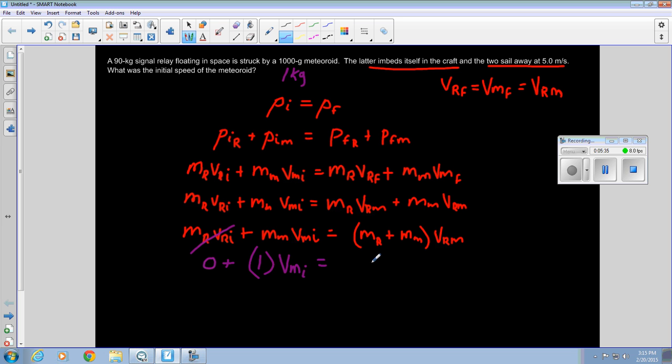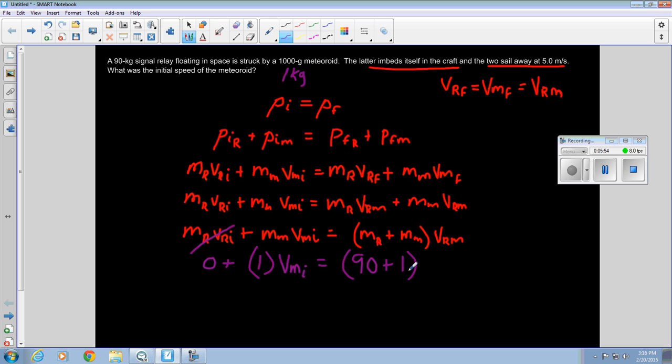And plug in the two masses. Now we've got a 90 kilogram relay plus 1 kilogram meteoroid. So this relay is 90 times more massive than the meteoroid.